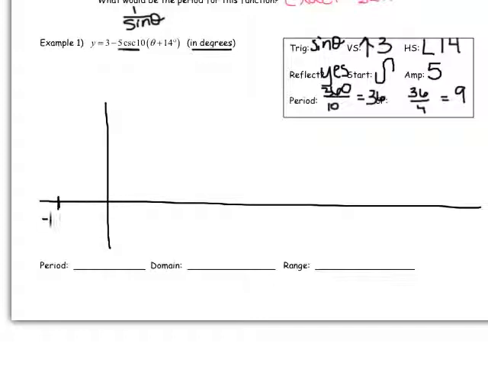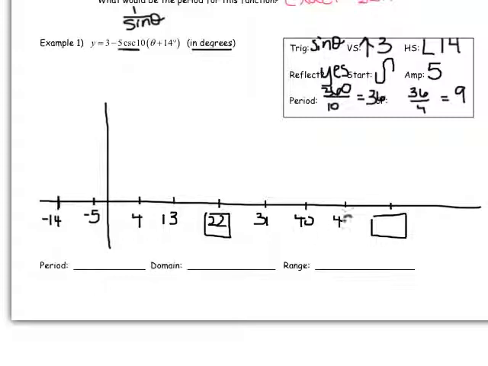That's negative 14. If I add 9, I get to negative 5. If I add 9, I get to 4. So that's where I cross. We're still just graphing sine as if this was a sine function. So I need to add 9. That's 13, 22, 31, 40, 49, and 58.